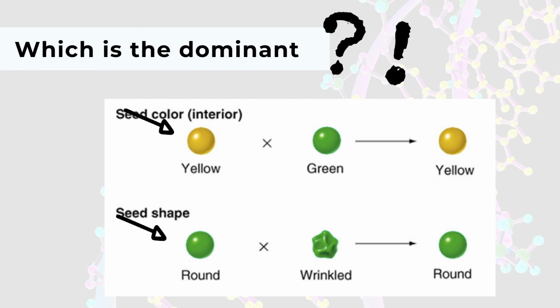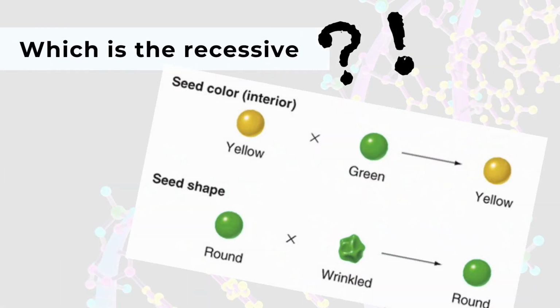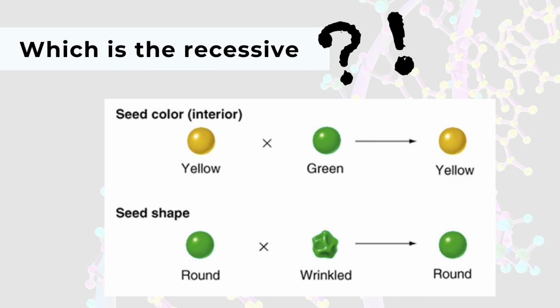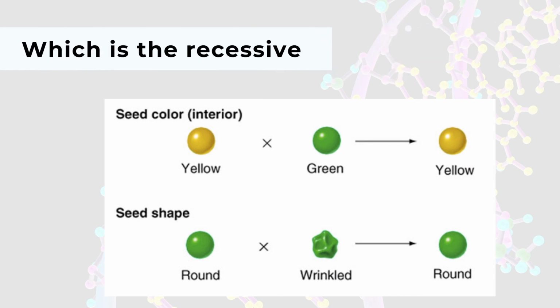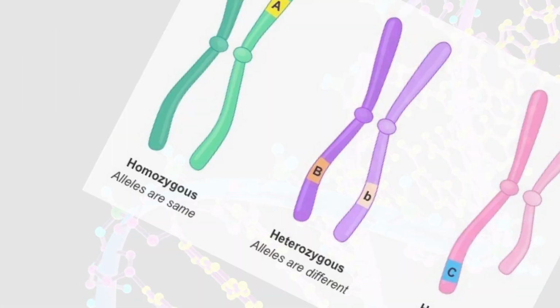For seed shape, it is round since it is also the one that is expressed. How about the recessive? Which is recessive? For seed color, it is green since it is the one that is not expressed. For seed shape, it is wrinkled since it is also the one that is not expressed.